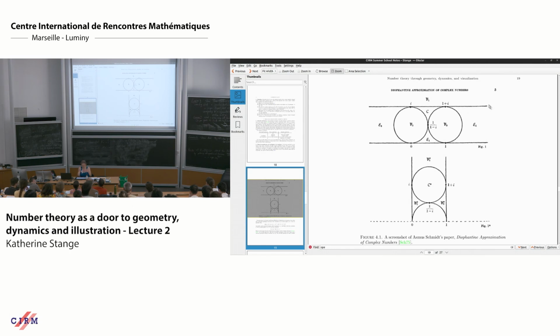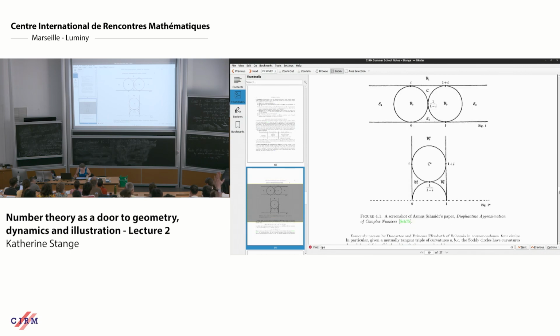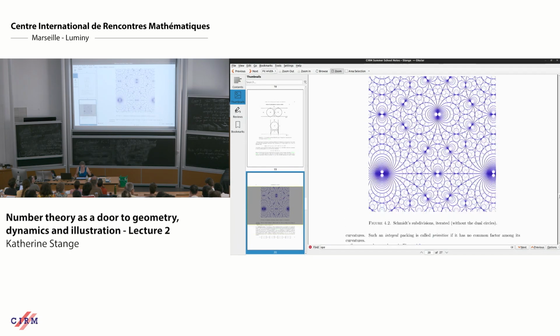You're tracking your points, so you know which 3 circles to add and so on. So he has this iterative process, but he never drew the picture. This was the only picture in the paper. As far as I know, he may not even have known how beautiful it actually is when you ask the computer to continue this process. He just described the process. And in the notes there's another picture, just a detail of what it looks like.